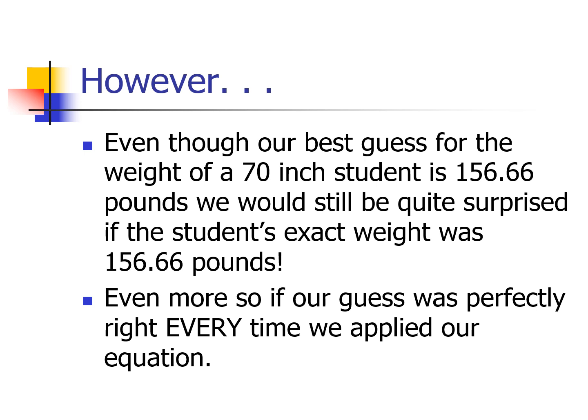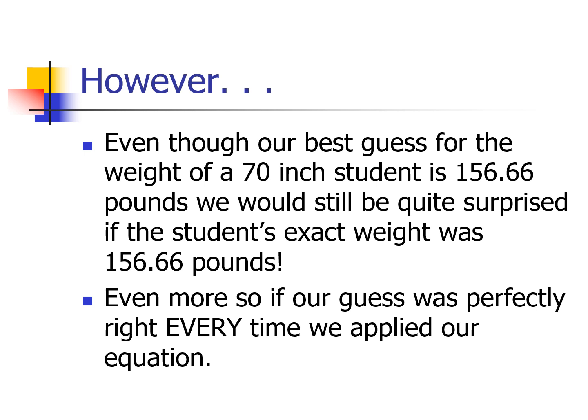It would also, of course, be surprising, and of course we know false, to say that every 70-inch student in the entire world weighs exactly 156.66 pounds. Hopefully our equation works well, and the student's actual weight is very close to our guess of 156.66 pounds, but we'd be surprised if it's exactly that.